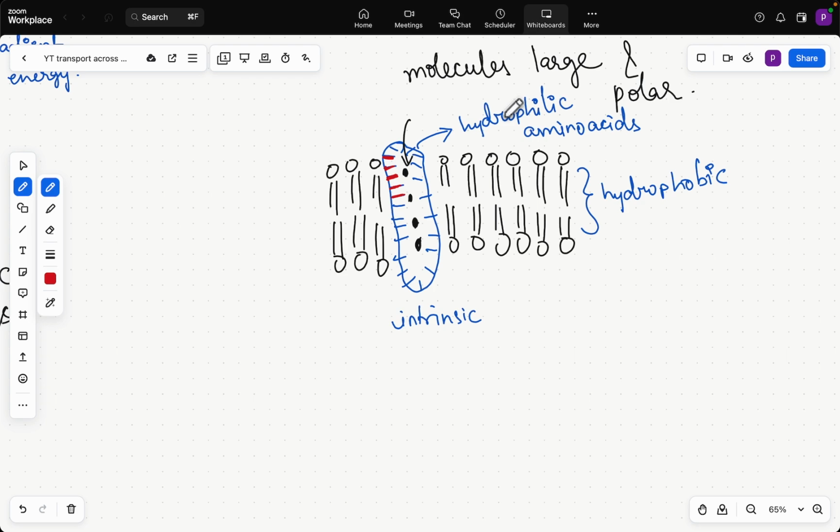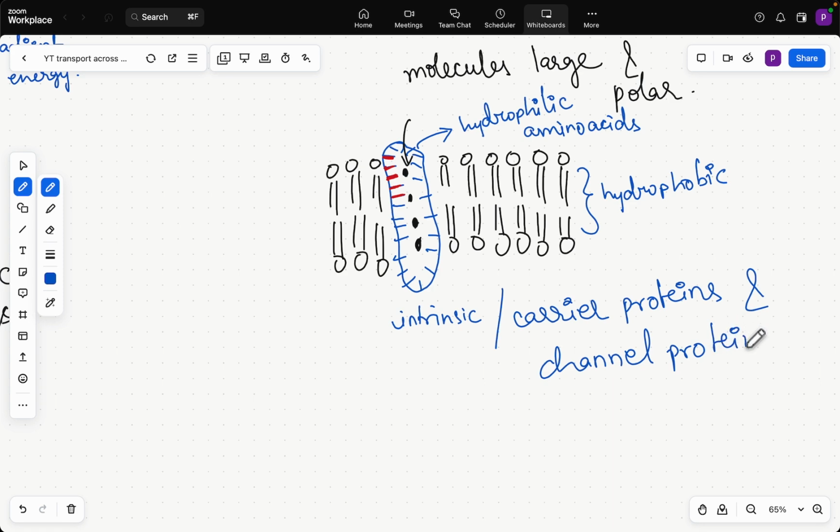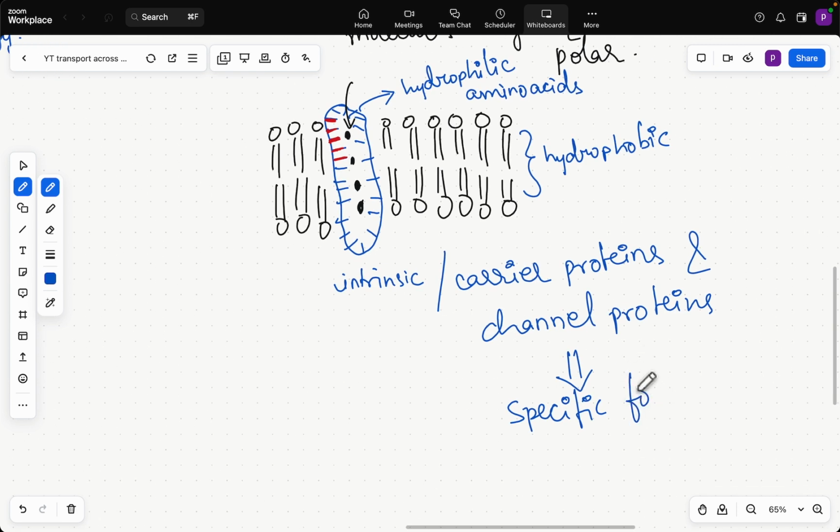So this is facilitated diffusion, and in this facilitated diffusion, usually these intrinsic proteins are known as carrier proteins or channel proteins. Carrier proteins and channel proteins, and these carrier and channel proteins are specific for a particular type of molecule. Specific for a molecule.